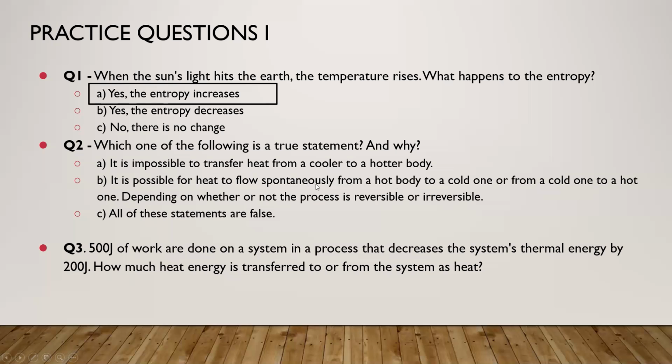Spontaneous means it can happen without any assistance, but heat from a cold object to a hot one cannot be transferred without doing some work. So this statement is false, and irrespective of the system being reversible or irreversible, this second statement is false.